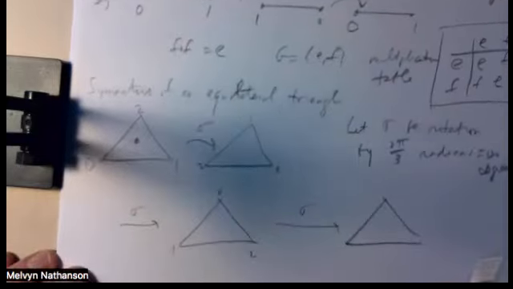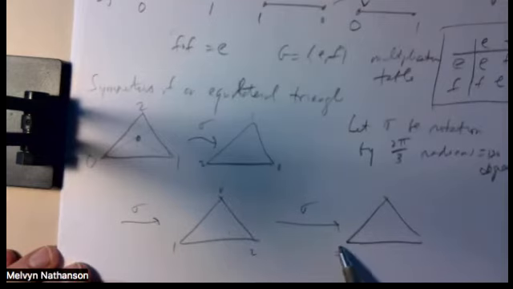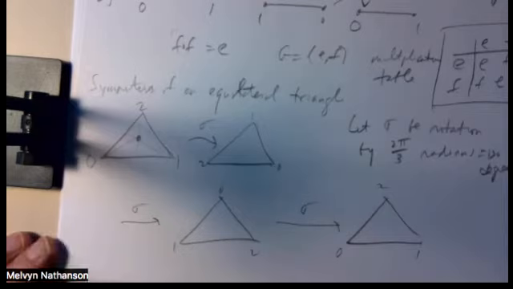If I rotate it again, 0 ends up here, 1 ends up here, and 2 ends up here. And if I rotate it a third time, 0 rotates back down here, 1 over to here, and 2 up here.